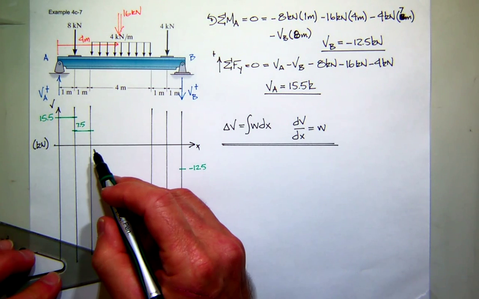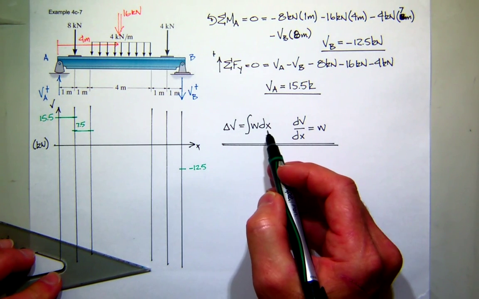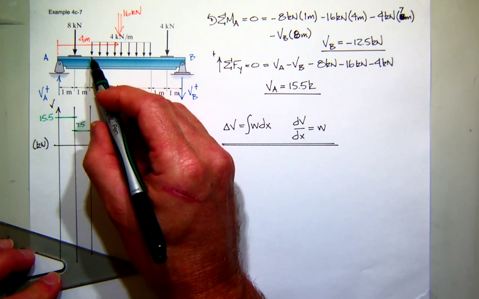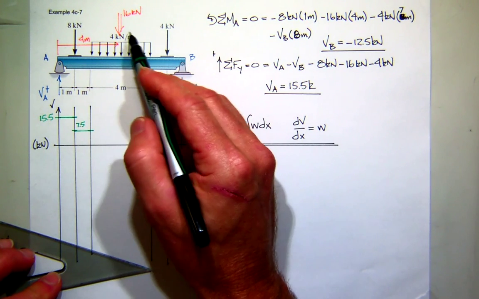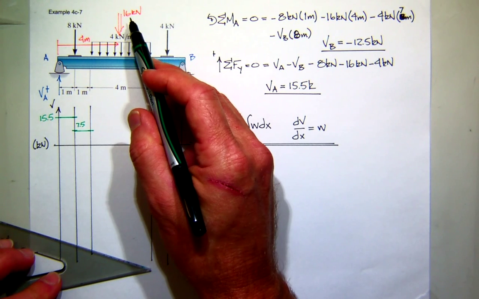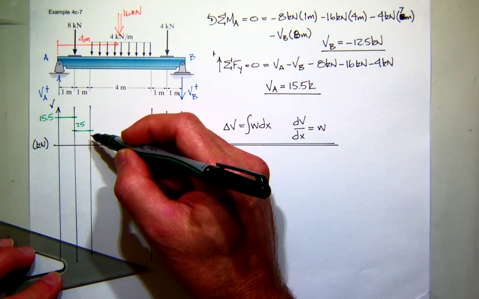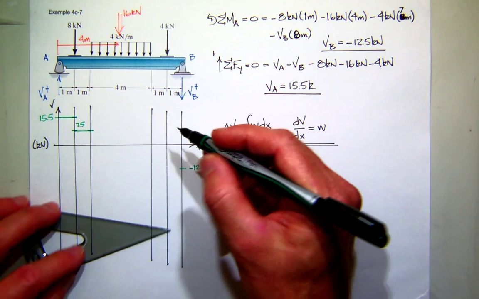Now what happens over the next 4 meters? Well, the change in shear is the area in the load diagram. Here's the load. It's a rectangle. And the area under that is, same as our concentrated equivalent force, negative 16. So 7.5 minus 16 is negative 8.5.